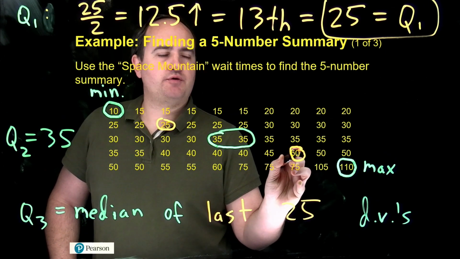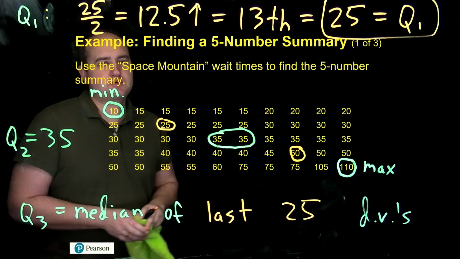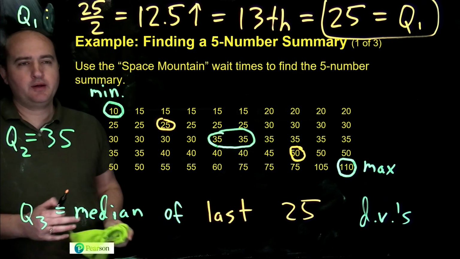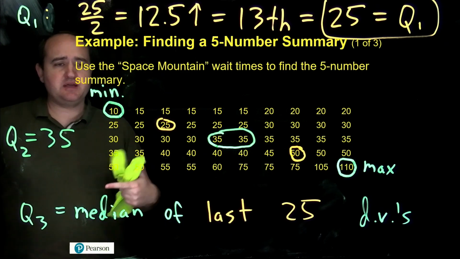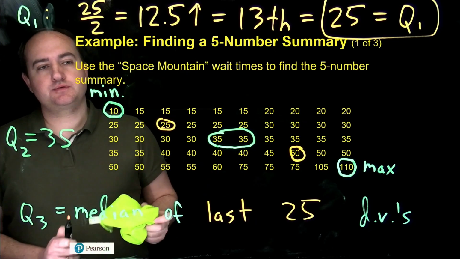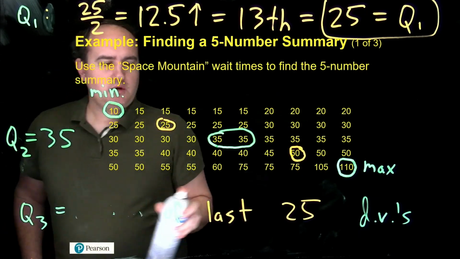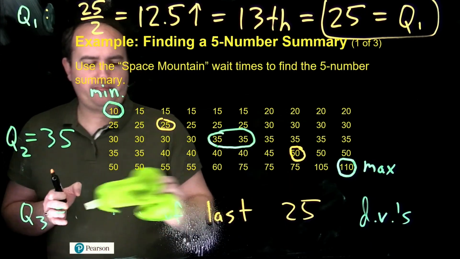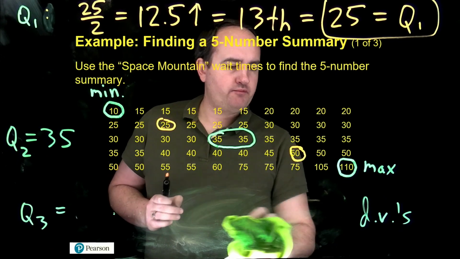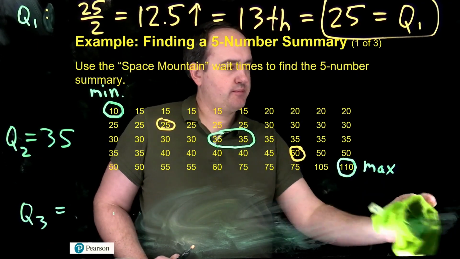Okay, so 50 is going to be the median of the last 25 data values, which is really hopefully not too bad once you get used to it.